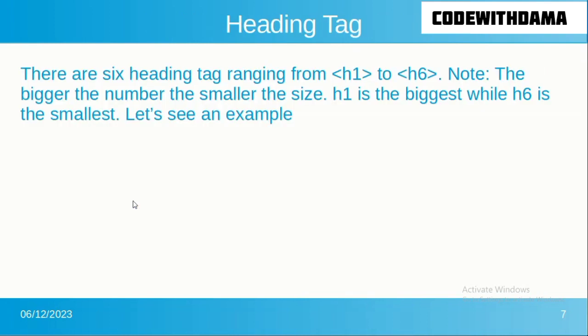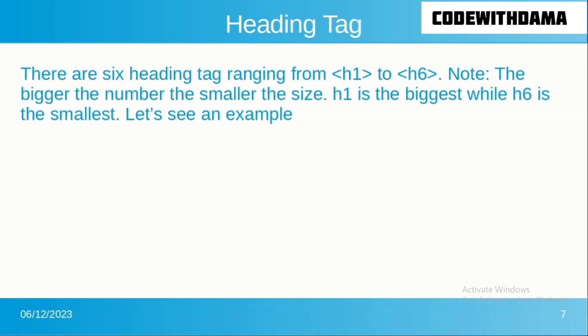So I have a very simple collection of HTML tags I would like us to try out before the end of this video, and we are going to be starting with the heading tag. This is very important because a lot of times when you're working with a document, you need to specify the type of heading that will be used, if it's going to be big, medium, or small, right?